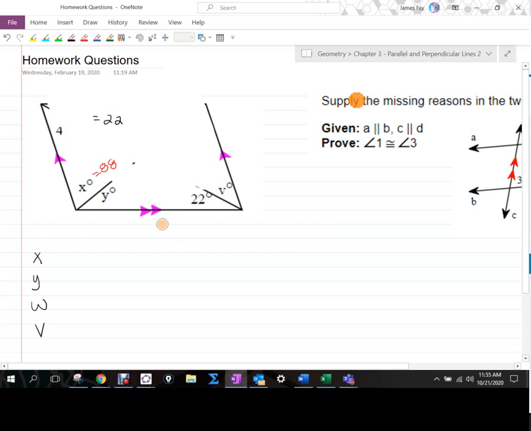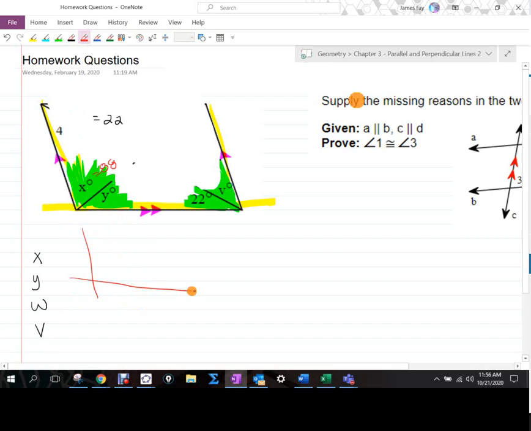If I do something like that, would you agree that this line and that line are parallel? Yeah. Is that a transversal? By definition, it intersects two parallel lines, right? So it's a transversal. So what kind of angle would this green angle, which is made up of X and Y, and this angle here that's made up of 22 and V, what types of angles would those be to one another?